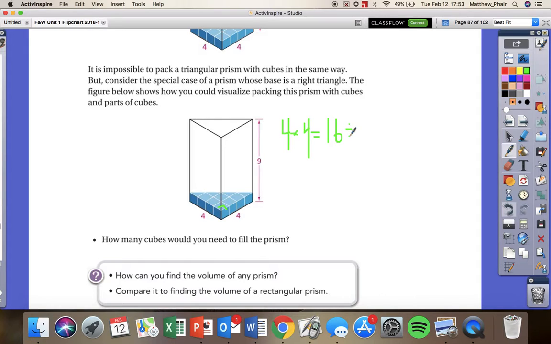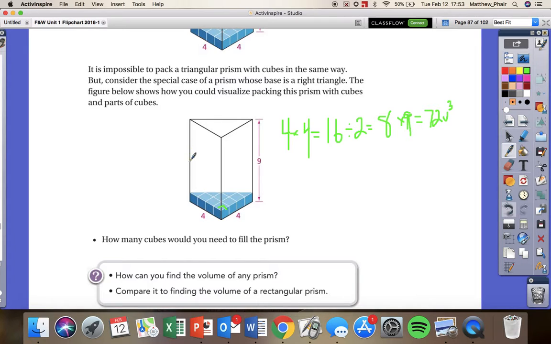But then I need to divide that by 2 to get me an area of the base is 8. Well, then how many bases can we stack on top of each other? Well, we have 9 rows. There should be a 9, sorry. And that's 72 units cubed.